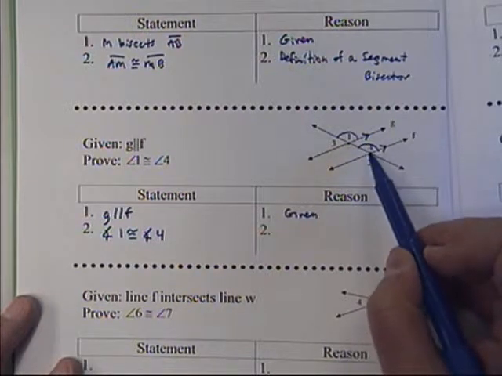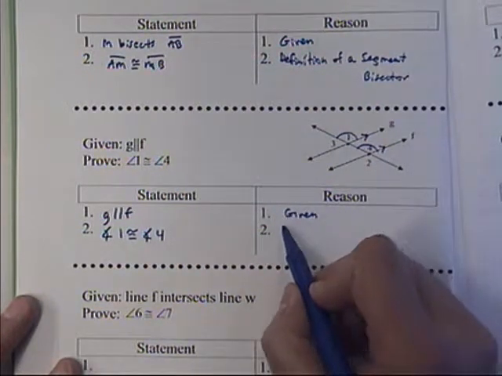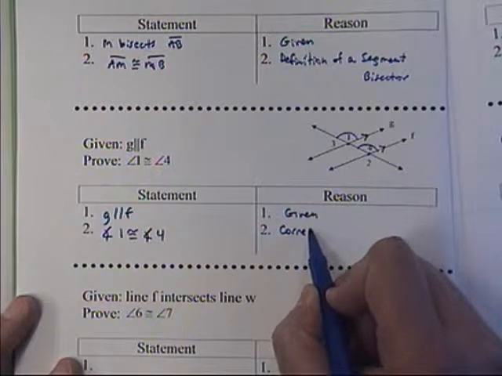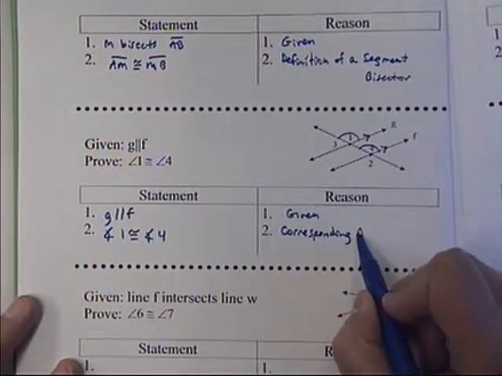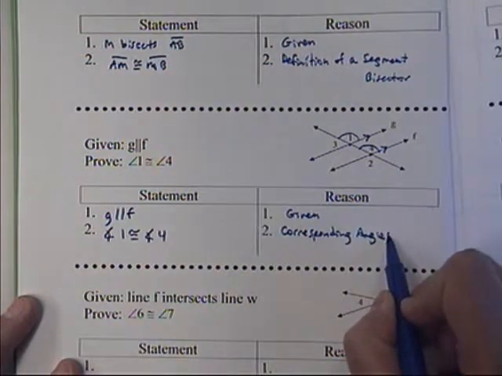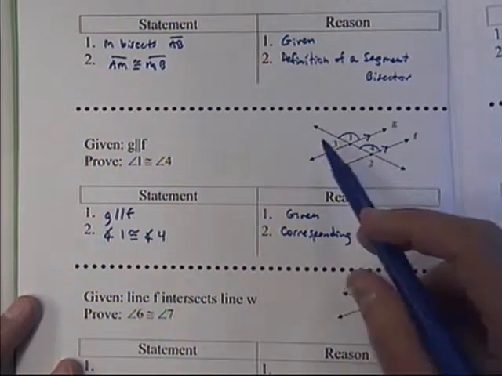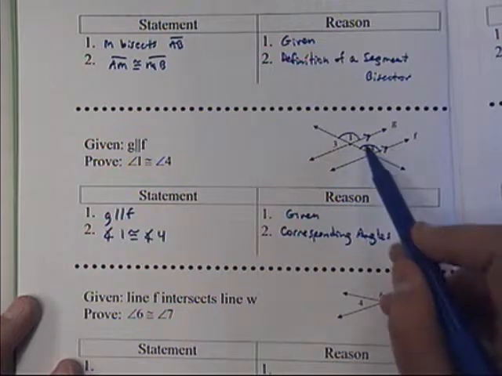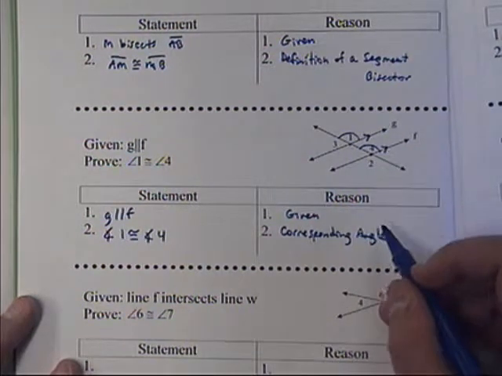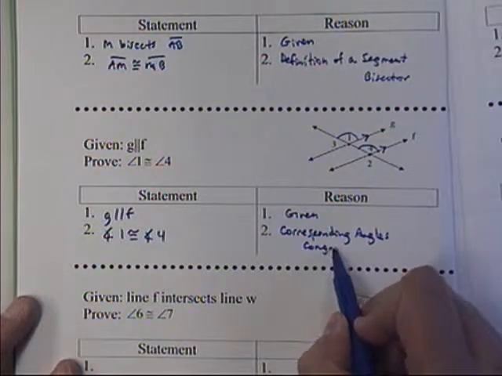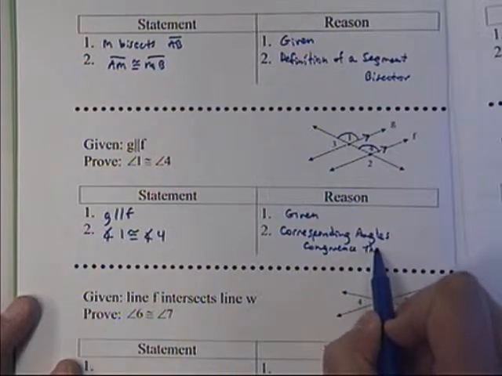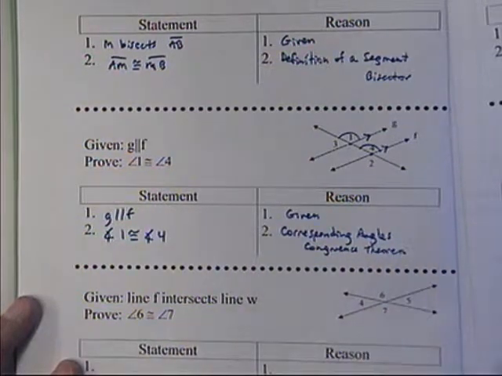They're basically on the top right portion. And we know that they're congruent because when two lines are parallel, the corresponding angles are congruent. So we say that the reason is the corresponding angles congruence theorem.